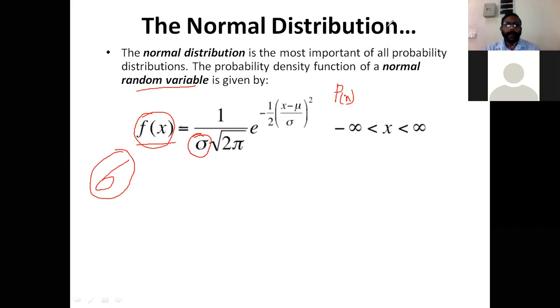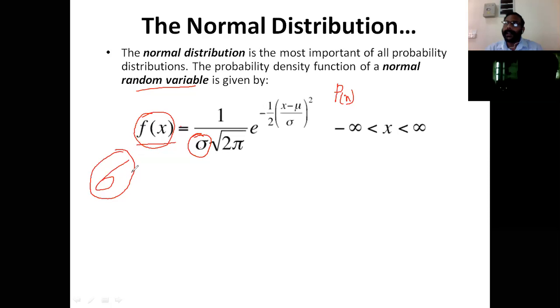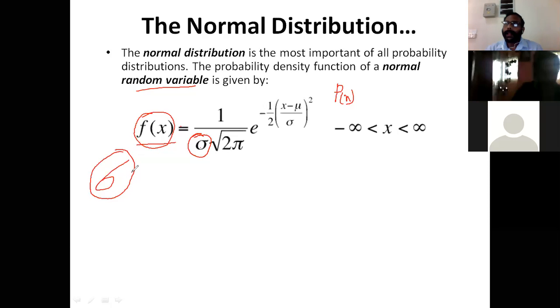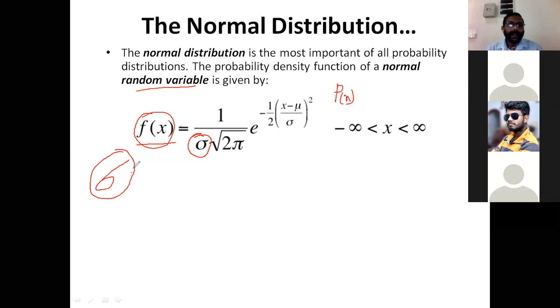Population part is correct. Population variance? Population deviation? Population mean. Then what is this? Population variation. Mu is the mean value.